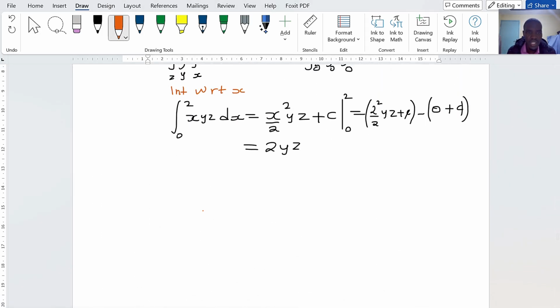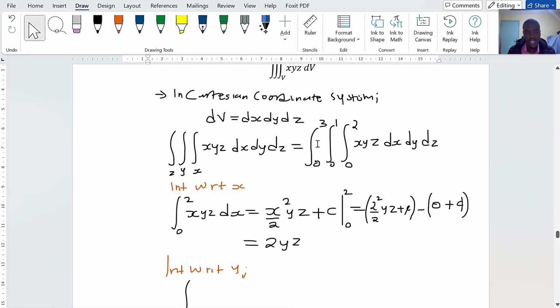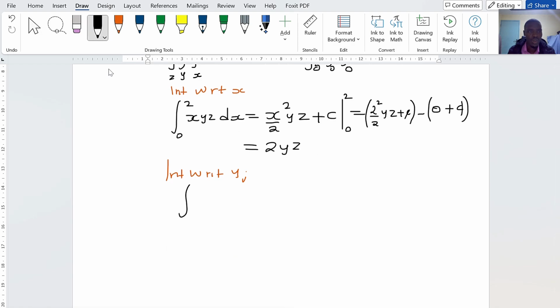Now the next, we go to y. So we integrate with respect to y. Remember, inside out. The range for y is 0 to 1. And now we have 2yz dy. Again, you check only y.